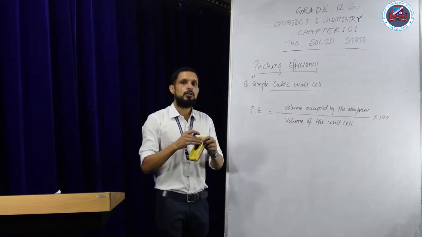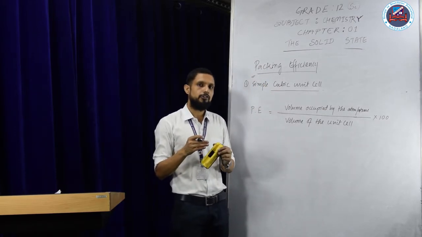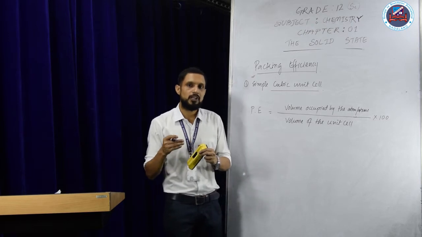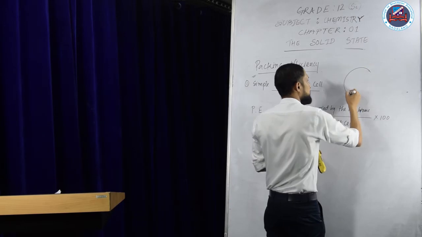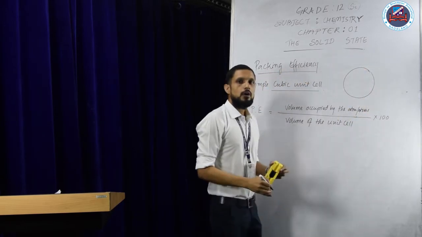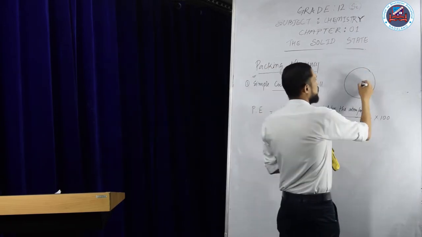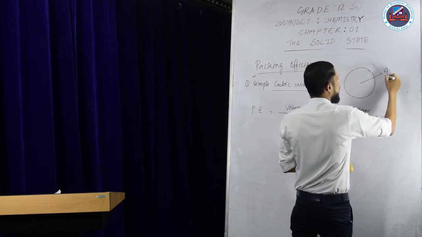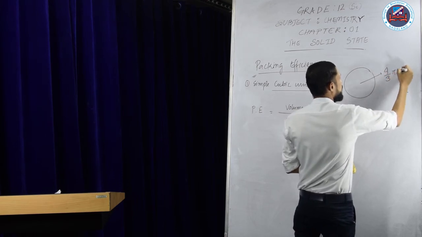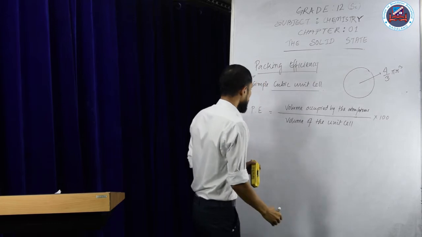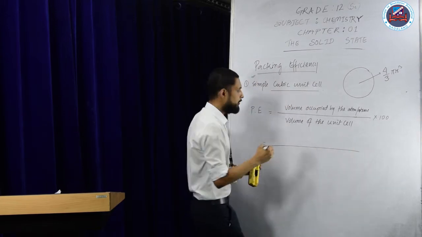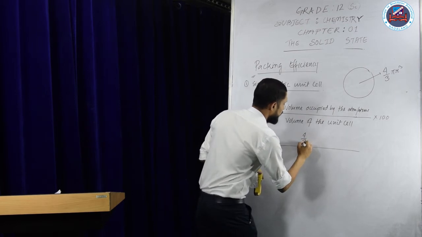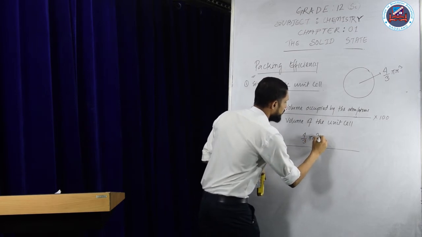Now the atoms which we arrange in a cube, that is cubic unit cell, are spheres. So we know the volume of a sphere is equal to 4 by 3 pi r cube. So the volume of an atom is 4 by 3 pi r cube.